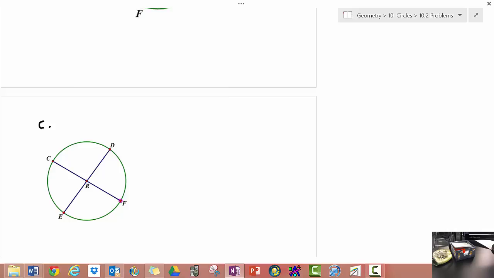So if you have reason to believe, and if you can use a theorem that would show that angle CRD and angle ERF are congruent, then you could say that arcs CD and EF are congruent. I think you do remember that. Alright, so those are the questions.